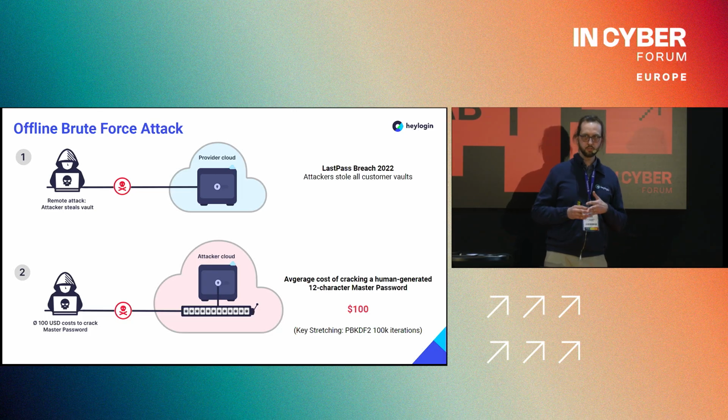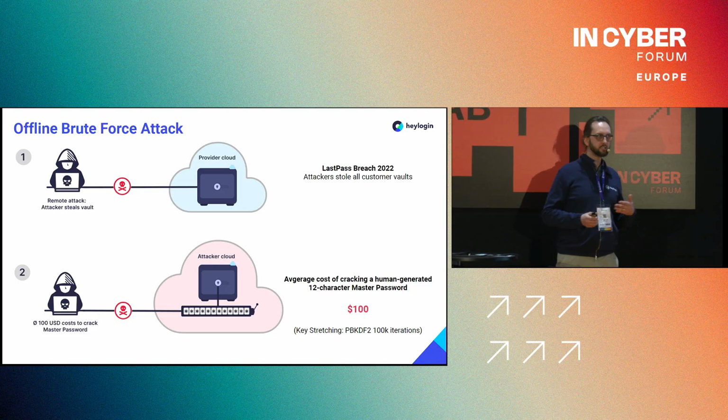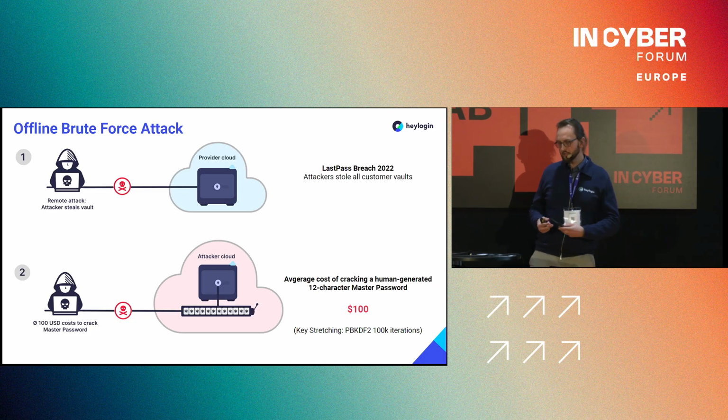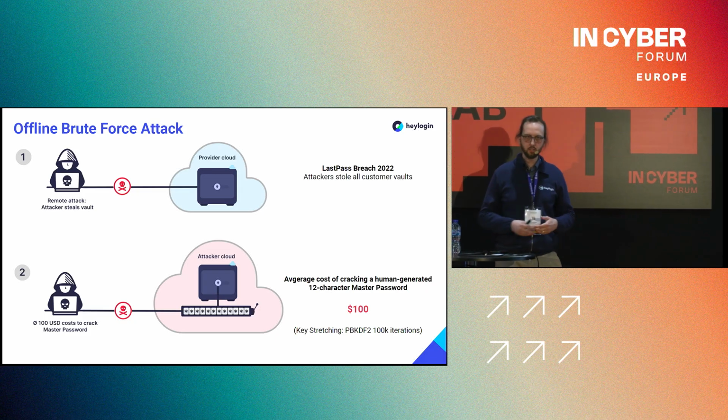Obviously, there's a huge deviation when I say average. But basically, if you have a lot of these vaults, you can try brute forcing them over time, right? I mean, there's nothing stopping you from just trying over the next years.